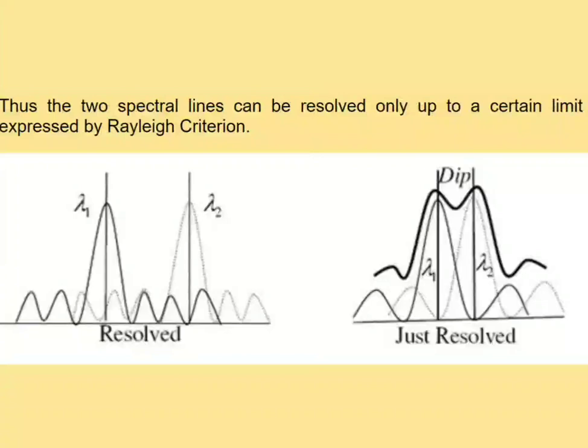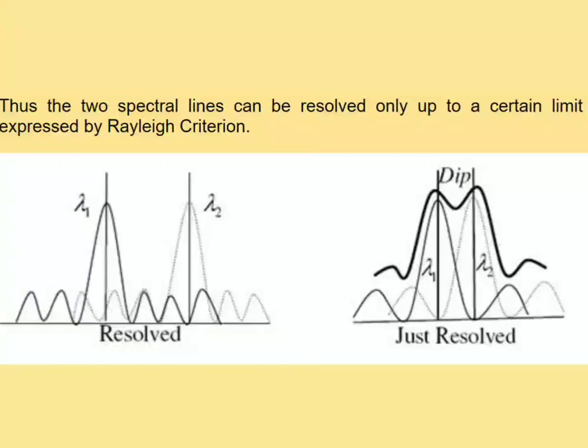As we said, there are different wavelengths here. One is a dark line, that wavelength is lambda 1. Another has spectral lines of wavelength lambda 2, in dotted lines.